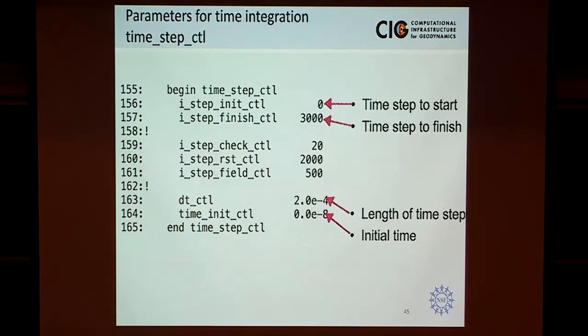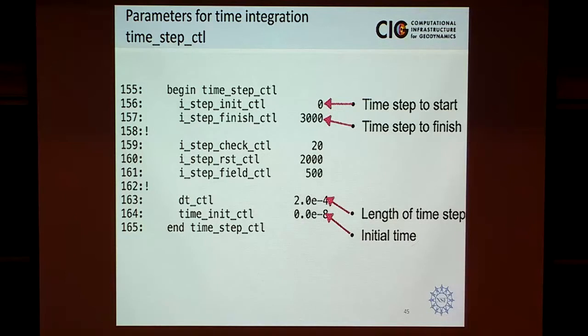So here is also another block for time stepping. Now we start the simulation from time step 0 and end at 1,000 or 3,000, 4,000. And here is the increment for the average data or Nusselt number output. Would you ever start at a time step that's not 0?